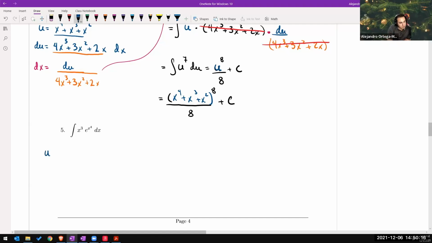Now for this one, can you guys let me know in the private chat, which one do you think would be the u? Hmm. I'm seeing an x cubed.